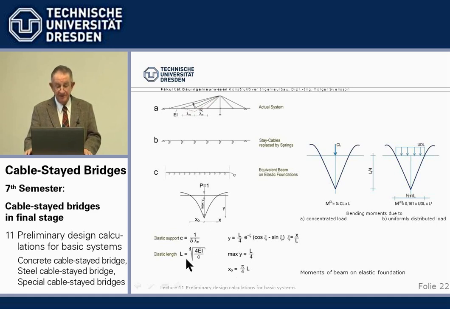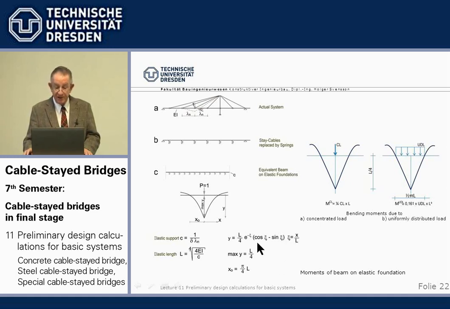Basically, we have to calculate the characteristic length L. And if we have that, the moment of a beam on elastic foundation for a concentrated load is 1/4 times this concentrated load times this characteristic length L. And for a uniformly distributed load, it's 0.161.